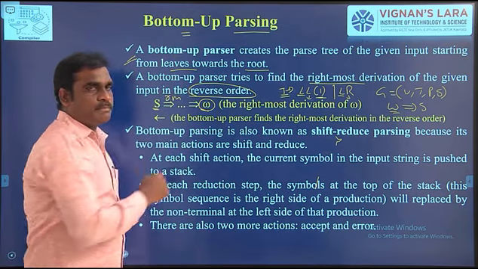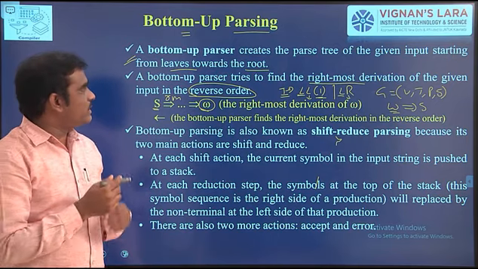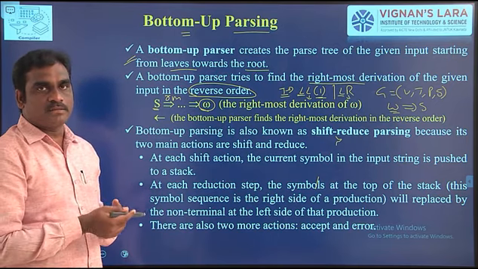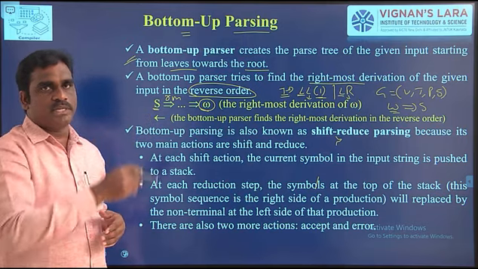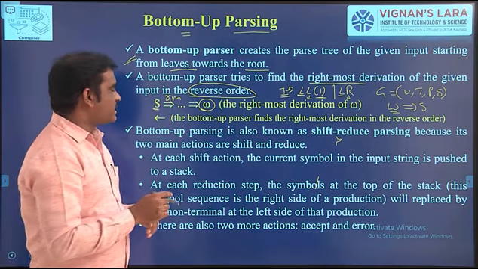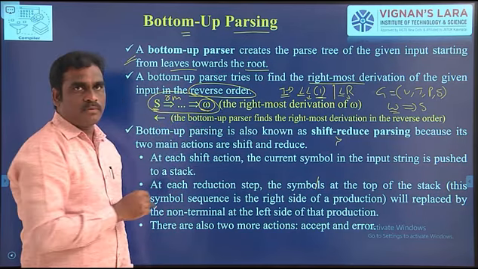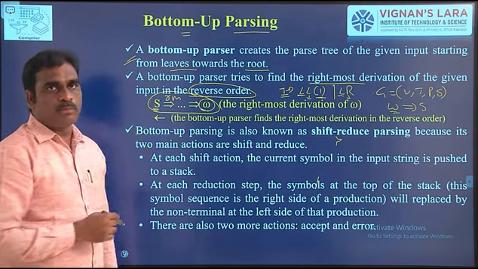But what is meant by bottom-up parser, how to construct a tree? In the bottom-up parser we have to construct the tree starting with leaf nodes and moving towards the root element. So once the rightmost derivation is over, now we have to perform the bottom-up parser.